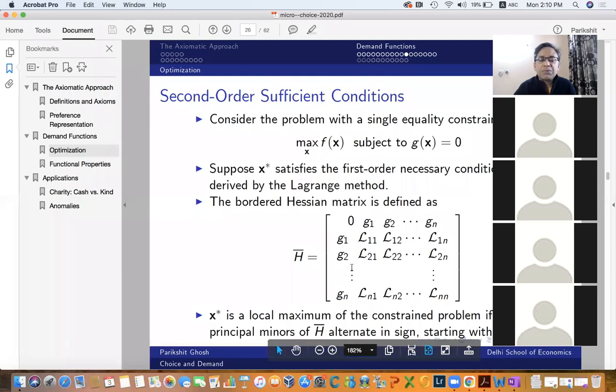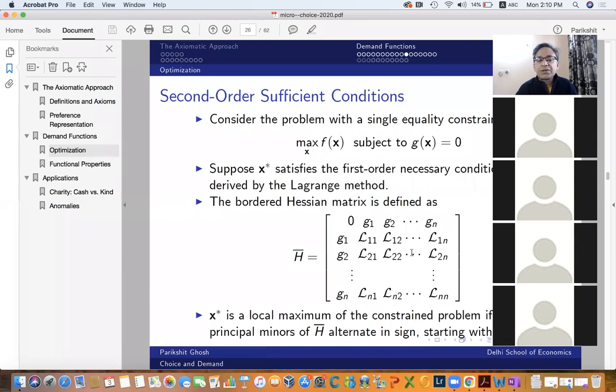You construct a matrix called the bordered Hessian matrix. And this is the matrix. What is this matrix? If you ignore the first row and the first column, the matrix is basically a stacked matrix of all the second derivatives of the Lagrangian function. The Lagrangian function would be f(x) plus lambda, the multiplier, times g(x).